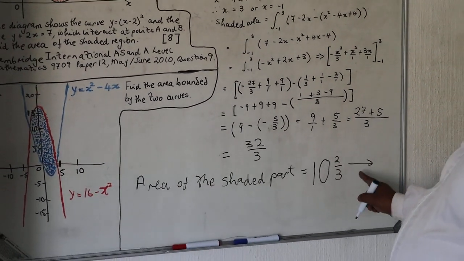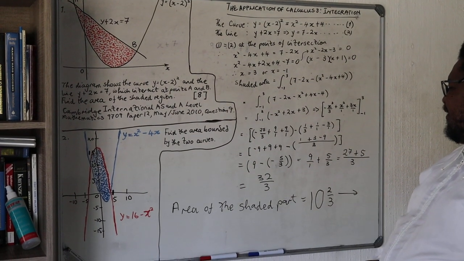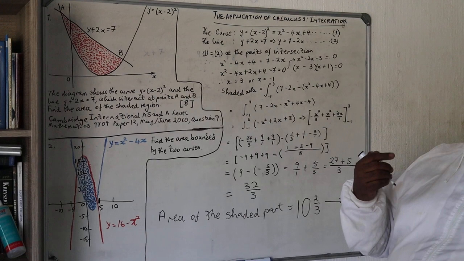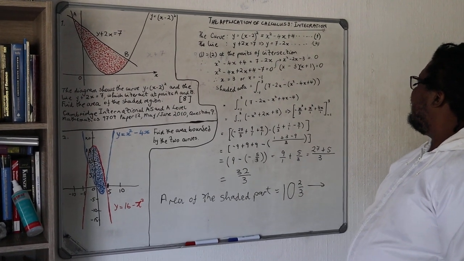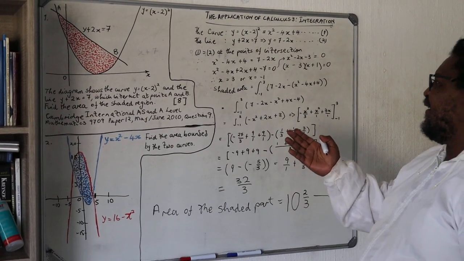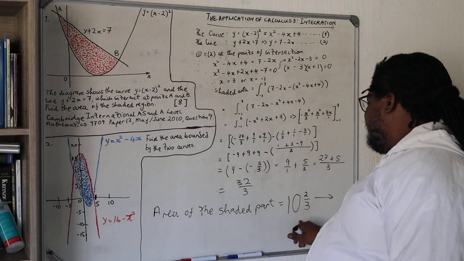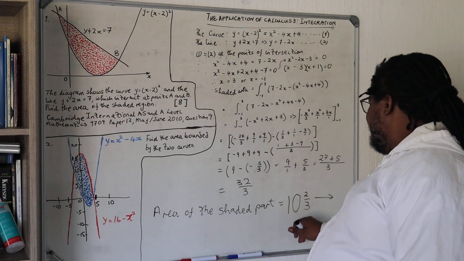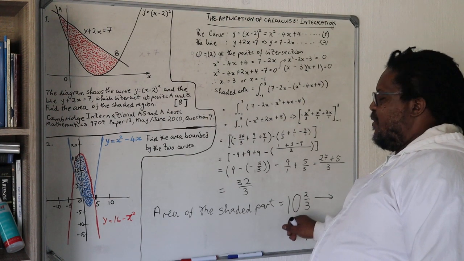So the issue is, some authorities would always want you to put squared units for the area. But in most questions on integration and areas bounded by 2 curves, it is sufficient to indicate that area is equal to 10 and 2/3.